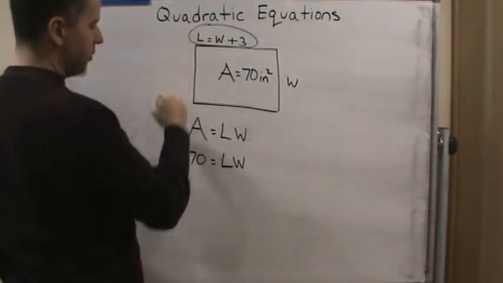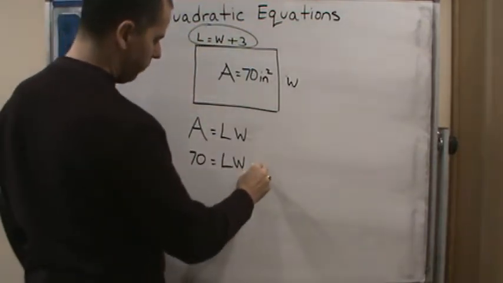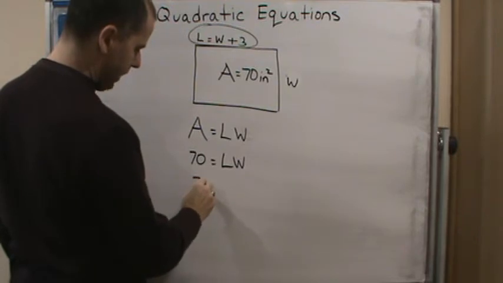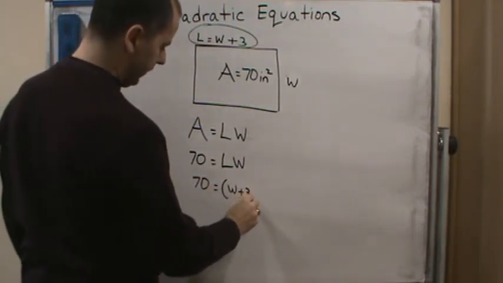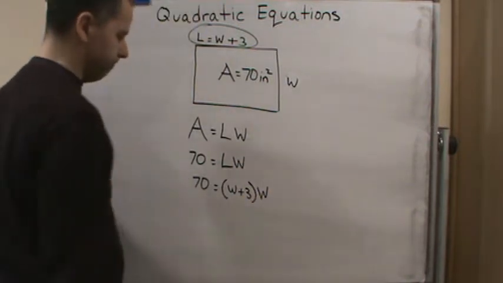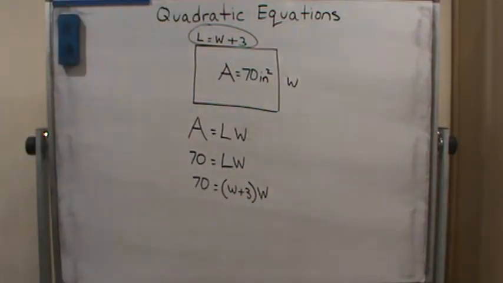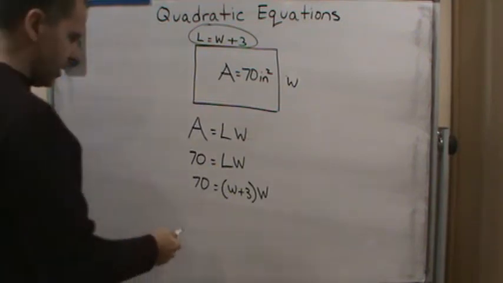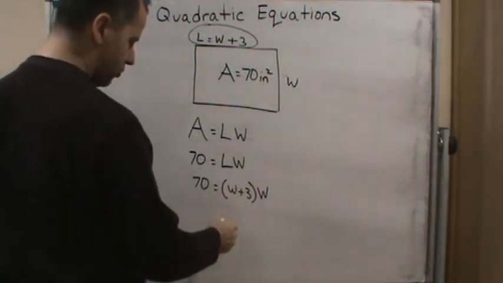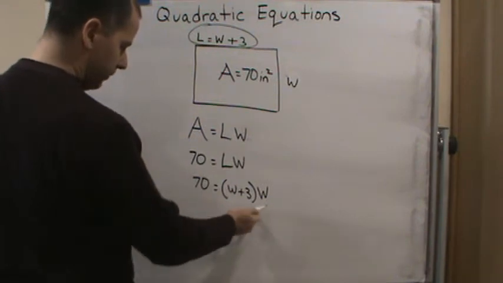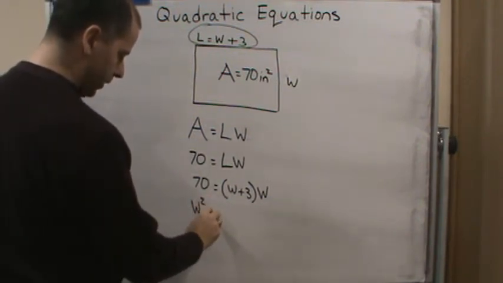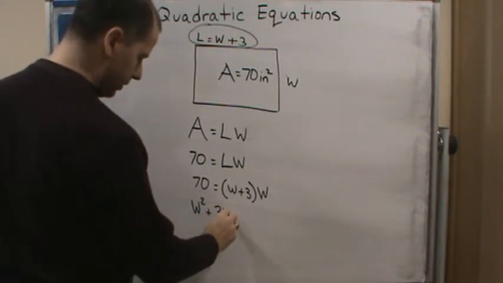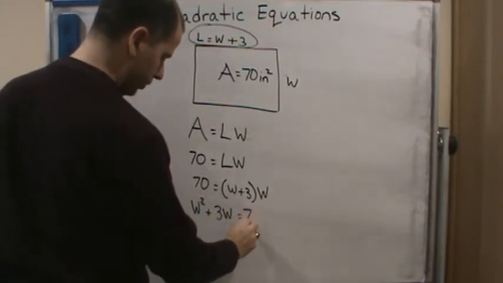So let's substitute in for L, and we'll make this into 70 equals W plus 3 times W. Now we've got an equation with one unknown. So now let's see if we can solve this. Let's distribute. And I'm going to flip this around, so this is going to be W squared plus 3W is equal to 70.